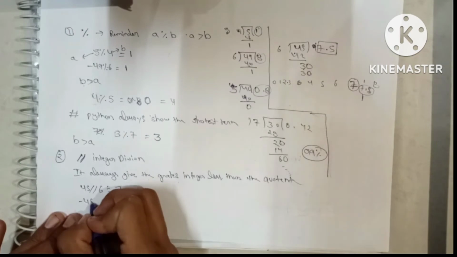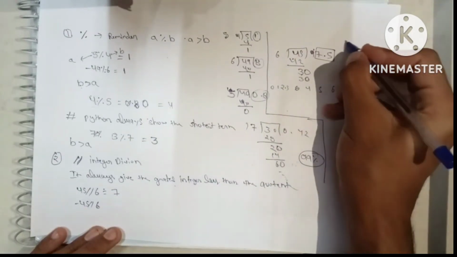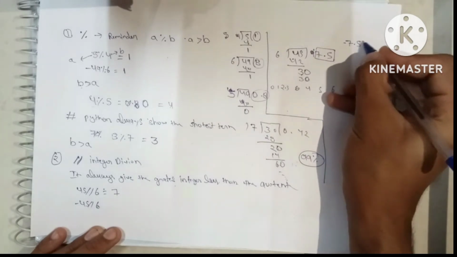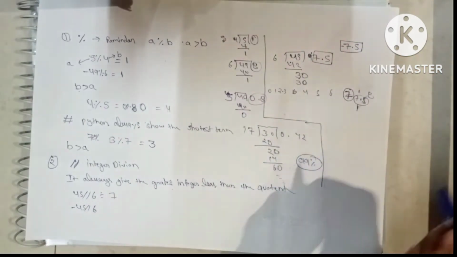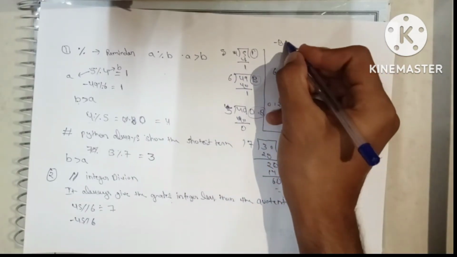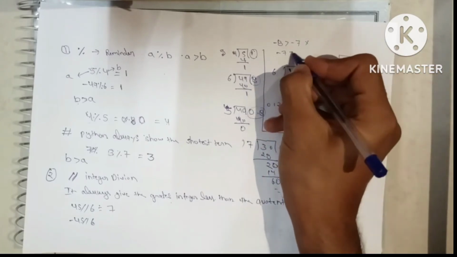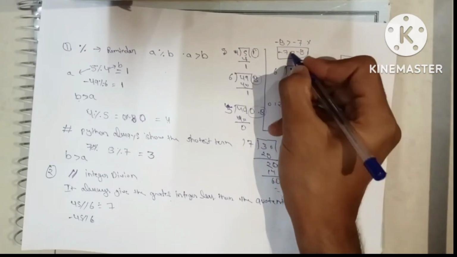If in case of minus 45 and this, what will happen? So our answer is minus 7.5. Do you agree with me? Minus 7.5. So in this case, first tell me, is minus 8 greater than minus 7? Wrong. Minus 7 is greater than minus 8. Always remember this thing.